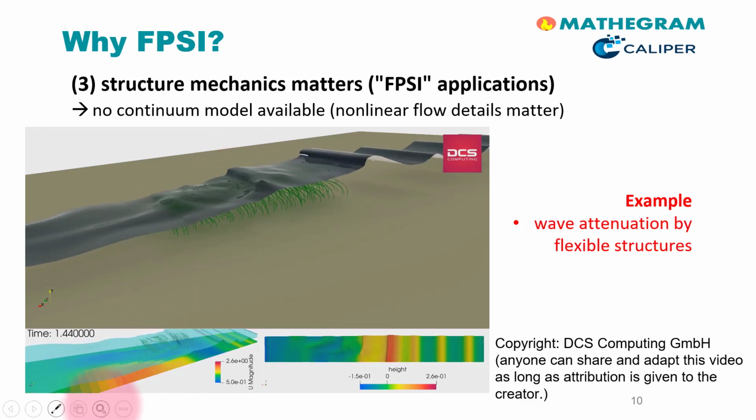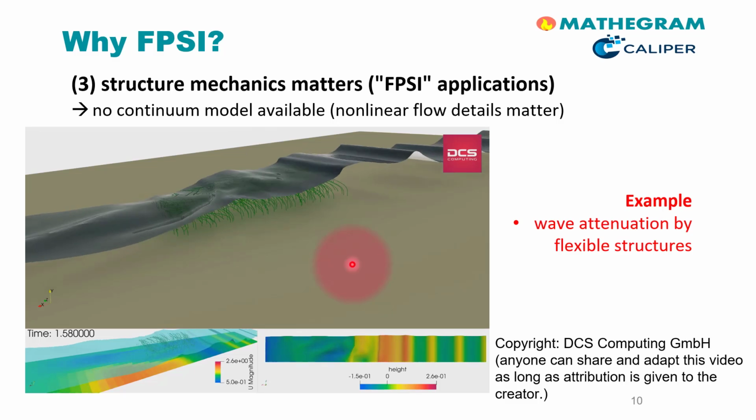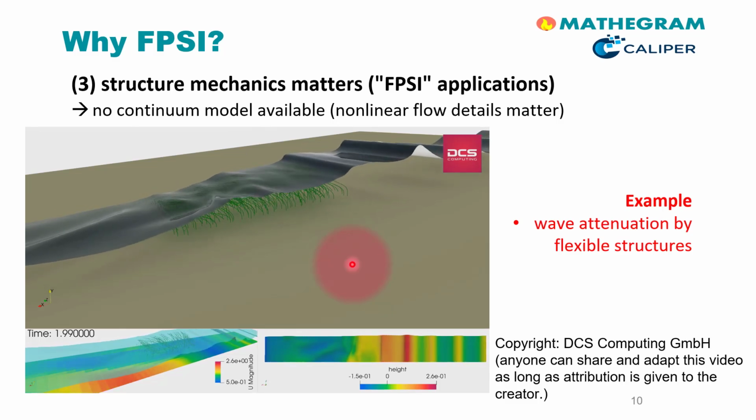Clearly, as you can see, if you look closely, a continuum model for these particles does not exist, and even if it would, it would be extremely difficult to couple it to this two-phase flow.